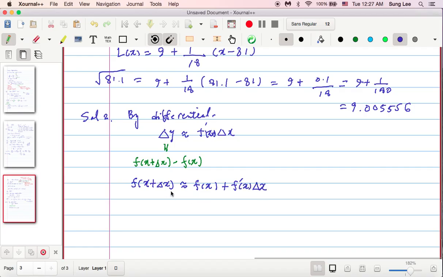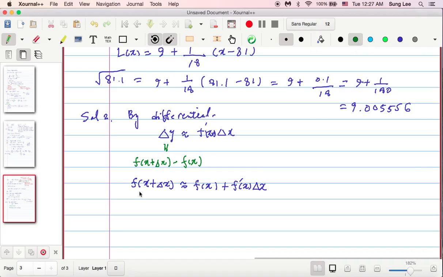In fact, the right-hand side, if you notice, is precisely the linearization. So we already see that it is equivalent to linearization, just with slightly different quantities. Okay, so that's the formula we are going to use.